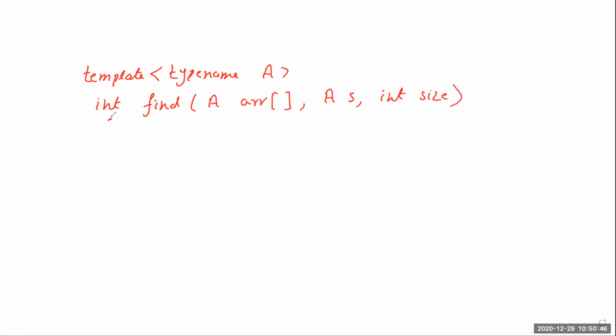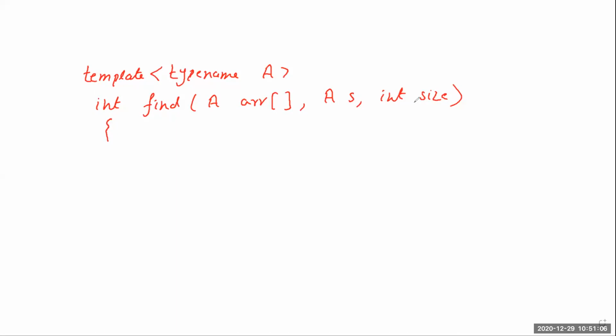Now you must have noticed that when you are doing a template, it is not necessary that everything is a, even if I'm writing a here. Why? Because I'm passing an array, and the last argument is the size of the array. When you use an array you need a for loop, and in order to have a for loop you need to know the size of the array.